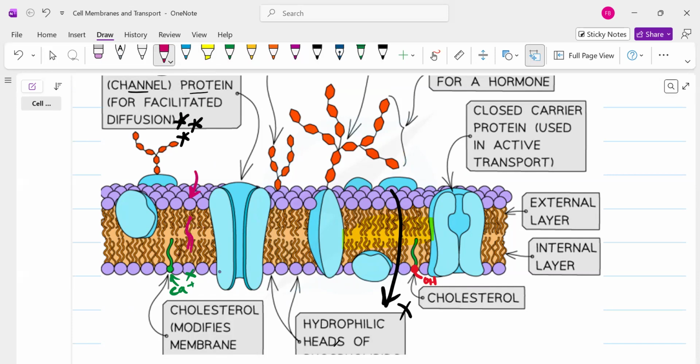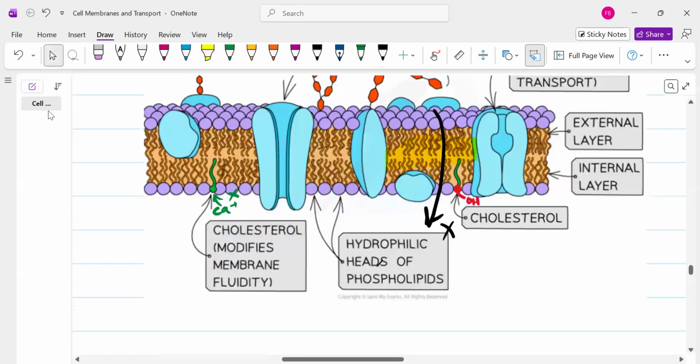So you need such specific molecules which will allow water, polar substances and ionic substances to pass through the cell membrane. And all the non-polar substances can easily diffuse. Clear? Okay.